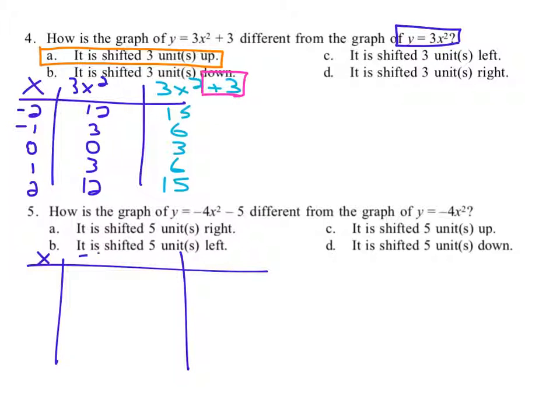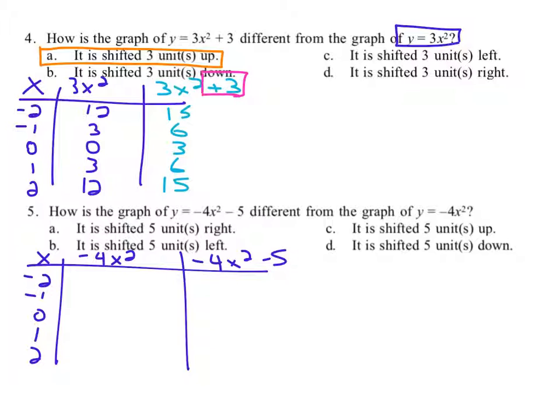Okay, this is x, this is -4x squared, and this is -4x squared minus 5. So if I said this x value was equivalent to some number, I guess I can put it in. Why not just show it to you? -2, -1, 0, 1, and 2.